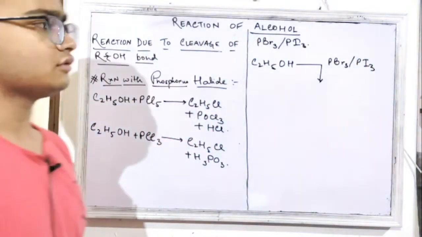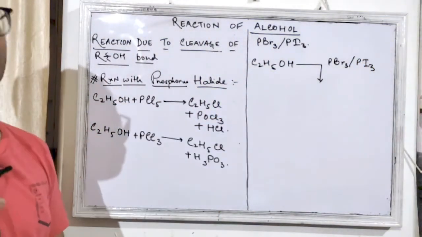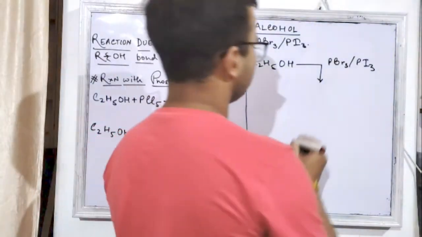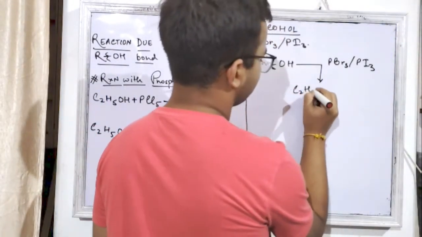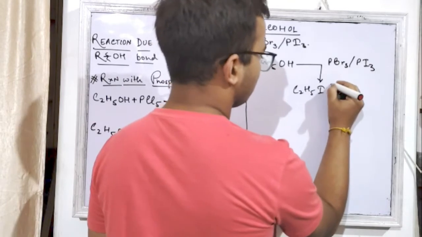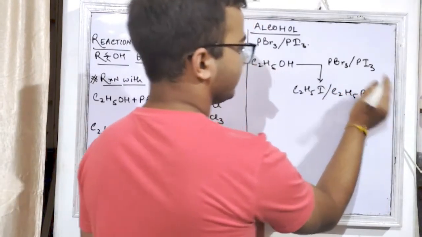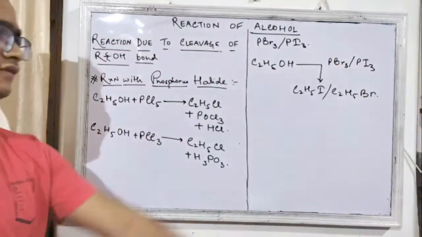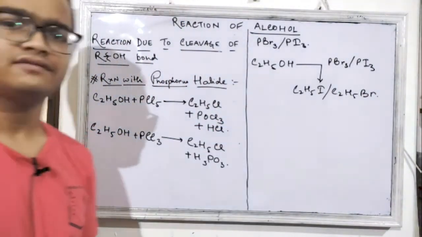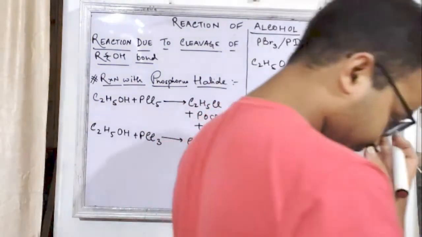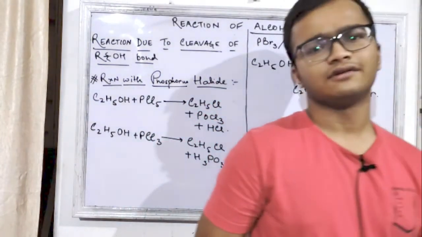Along with this, you will get only C2H5I or C2H5Br accordingly. If it is PBr3, then you get C2H5Br, and if it is PI3, then you get C2H5I. So, this was about the reaction with phosphorus halide.